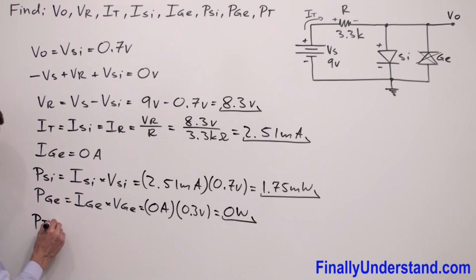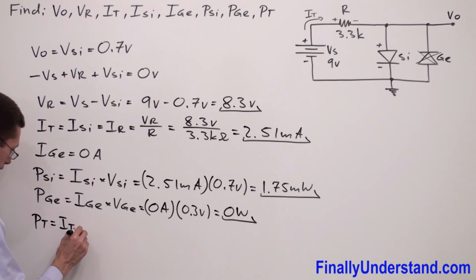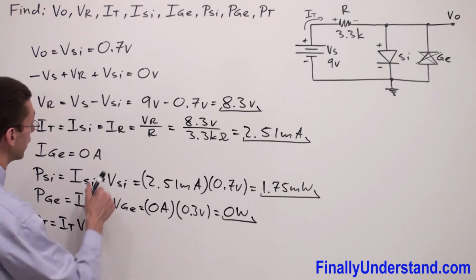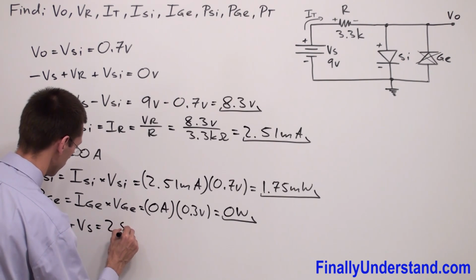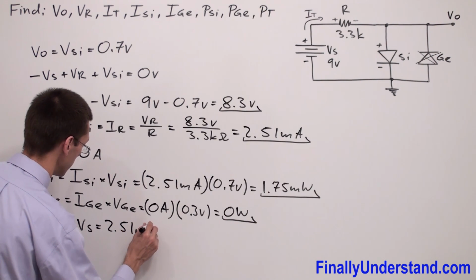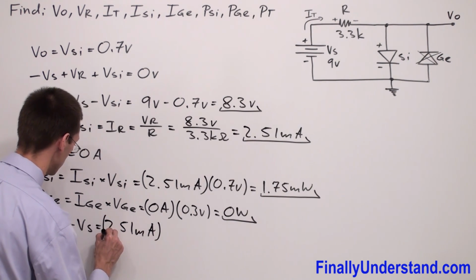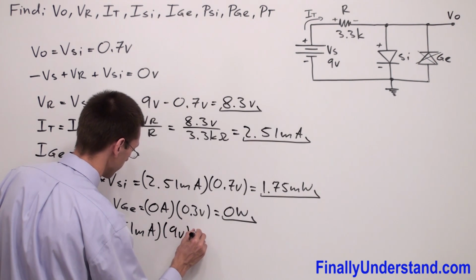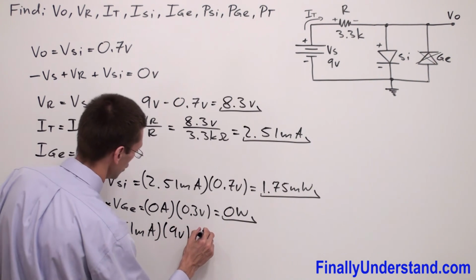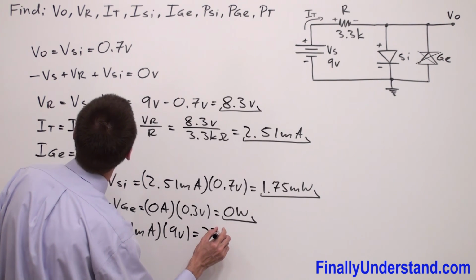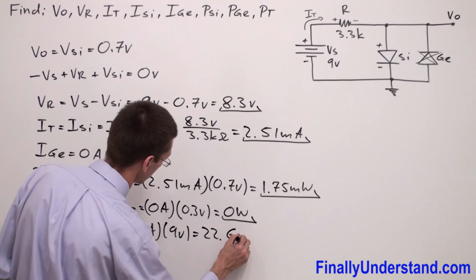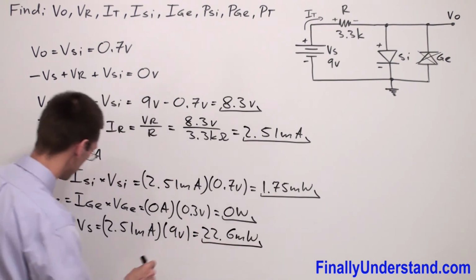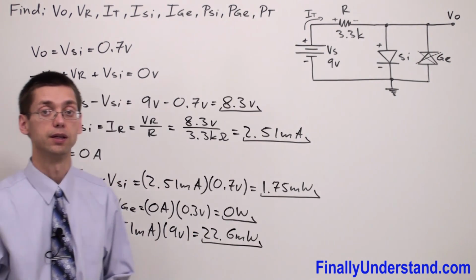P total is equal to I total times the voltage source. I total we found is equal to 2.51 milliamps times the total voltage, which is equal to 9 volts. Everything is equal to 22.6 milliwatts. Okay, so as you can see, the problem is solved.